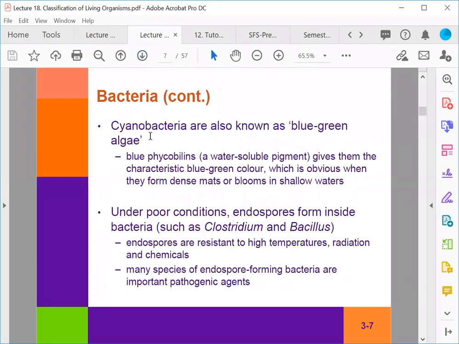All right, let's look at one important group of bacteria, the cyanobacteria. Unfortunately, cyanobacteria have been referred to for many years now as blue-green algae, which is very confusing for lots of people that don't realise that when you're looking at blue-green algae, you're actually looking at bacteria, not really algae.